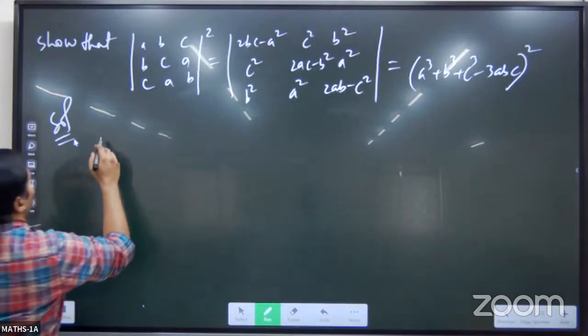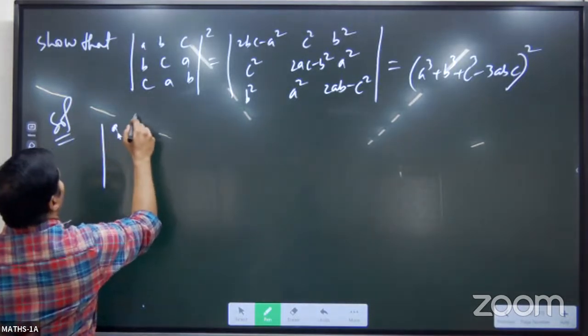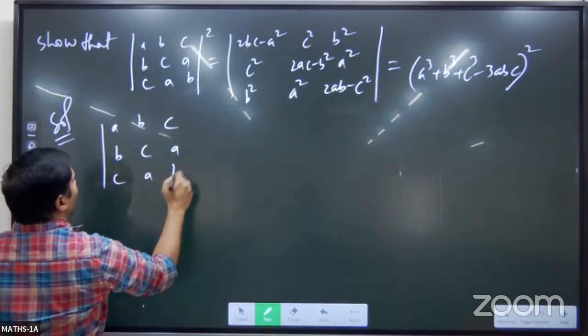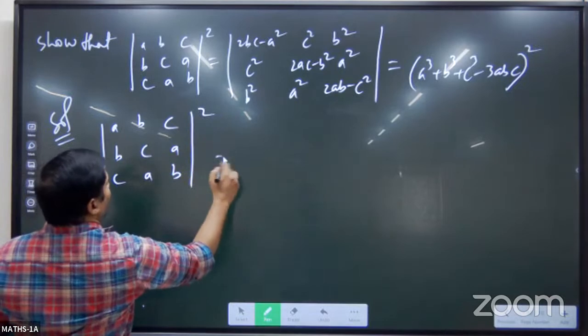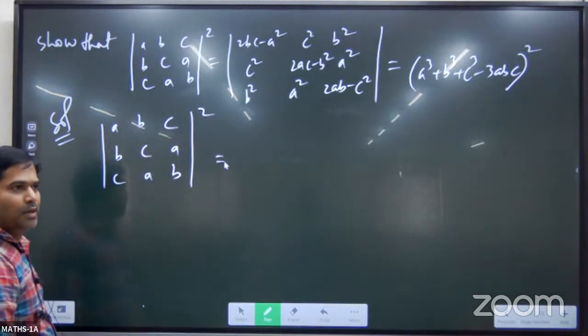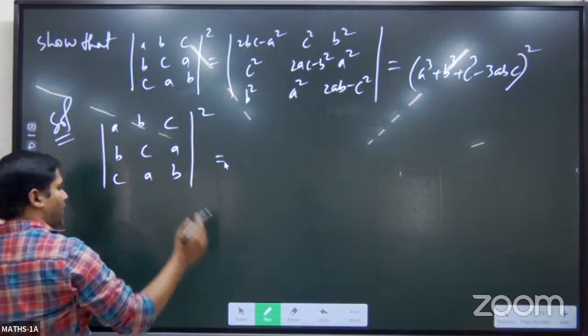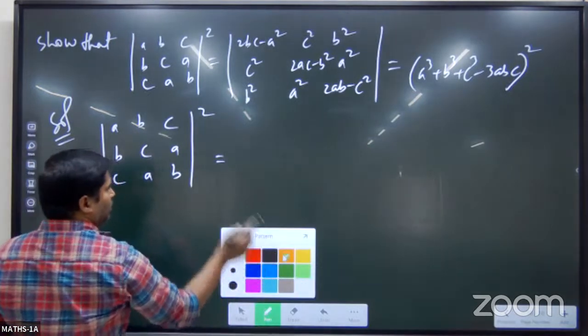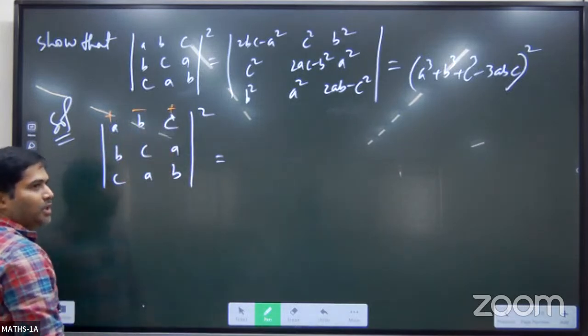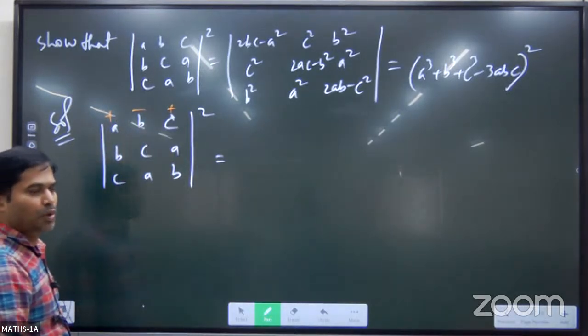Right. Now I'm going to take the determinant A, B, C, B, C, A, C, A, B, its whole square. Now let us expand this determinant. Yesterday I was telling you, this is nothing but plus, minus, and plus. We are expanding the determinant along the first row itself.